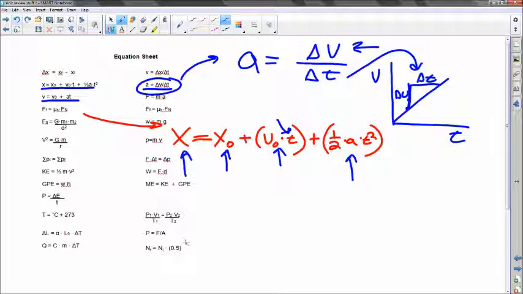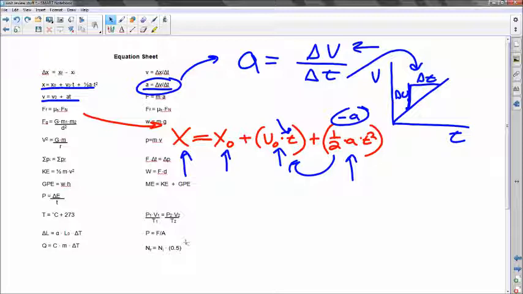So things that are going to speed up are going to move further than they would have if they were going at constant velocity. Things that slow down and have a negative acceleration are not going to move quite as far. If you put in a negative acceleration here, it's actually going to take some distance away from that constant velocity. Basically, this tells us how much extra you gain or how much you lose because of your speeding up or slowing down.